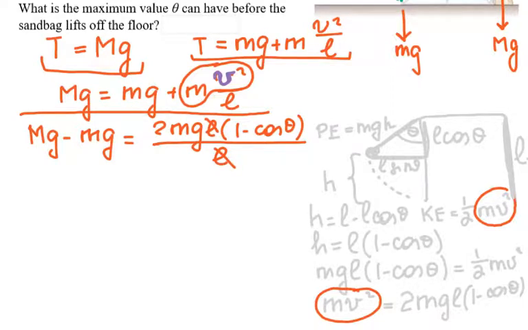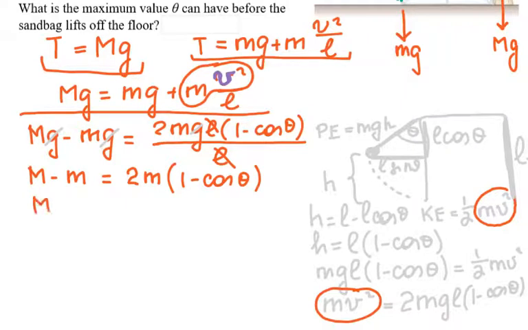Every single term has a g, so I can cancel g as well. So what's left is M minus m is equal to 2m times 1 minus cosine theta. I'm going to distribute it, and I have M minus m is equal to 2m minus 2m cosine theta.